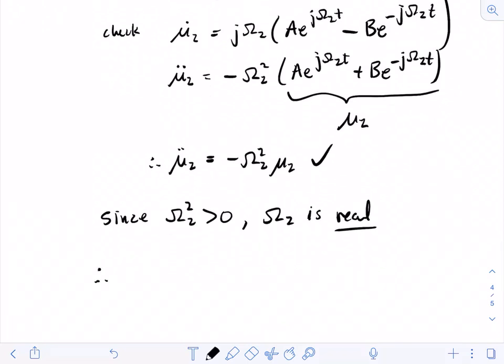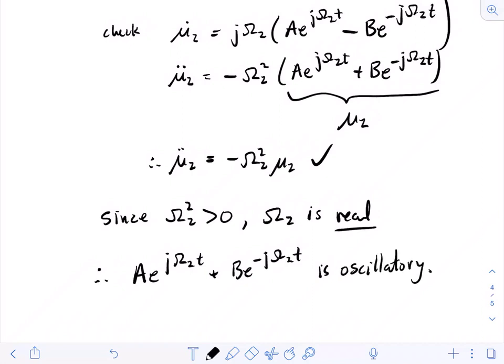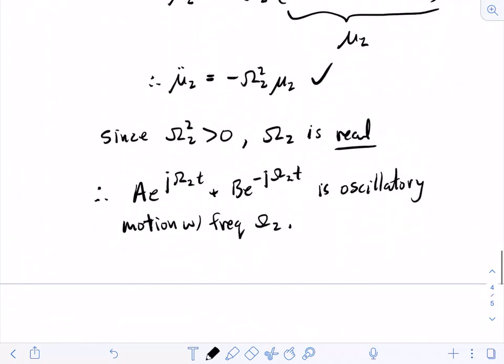So omega 2 is real, therefore our solution is oscillatory motion with a frequency given by whatever omega 2 comes out to be.